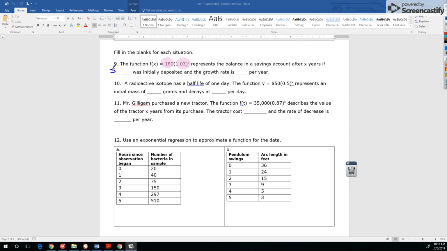So $180 was initially deposited. And remember, a growth is 1 plus r. So what decimal got added to 1? That would be 0.03. Converting that into a percentage makes that 3%.